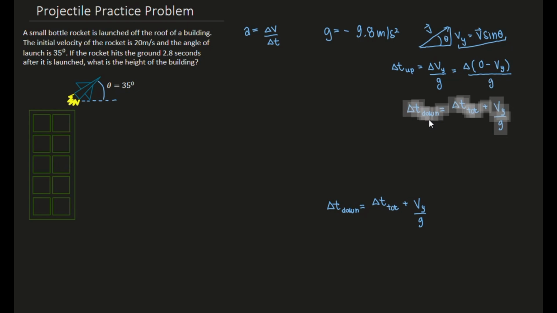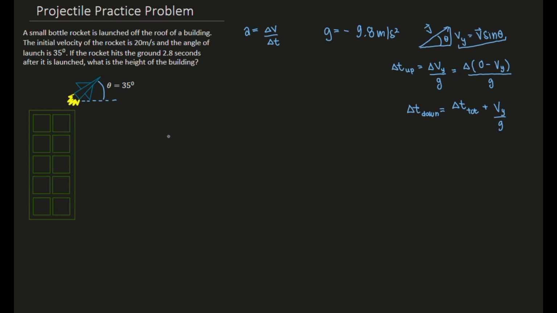So now that I have my changes in time, what do I want to do with them? I'm going to use them to calculate the changes in height. The first change in height uses the total change in time as the rocket is going up, to calculate exactly how high off the top of the roof the rocket went. Because remember, the rocket doesn't start from the ground. So I want to figure out the total height off the top of the roof that the rocket went.